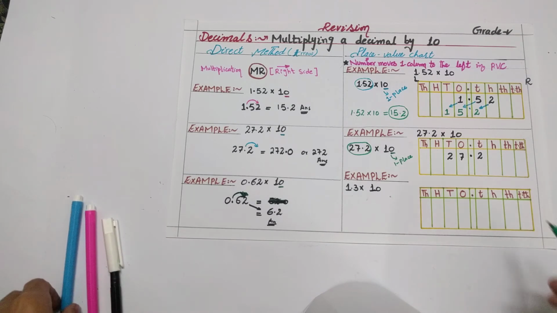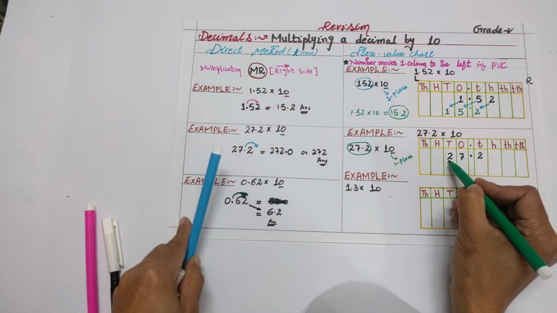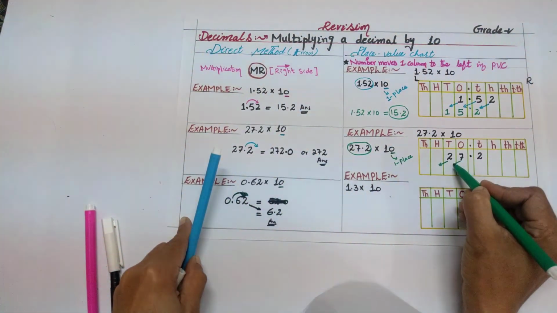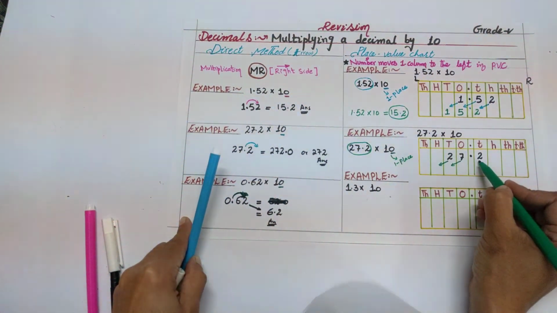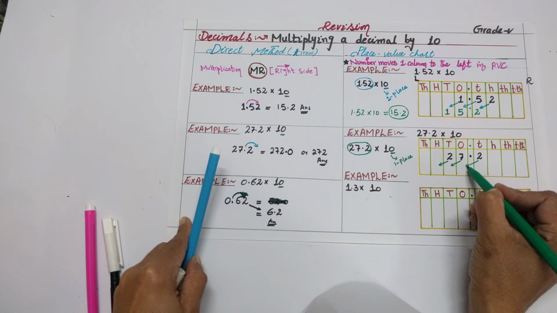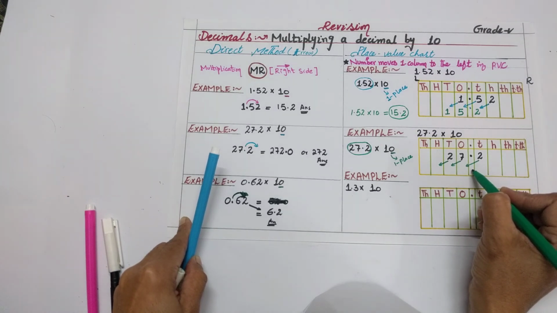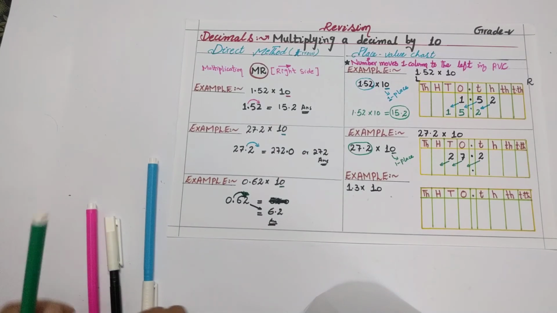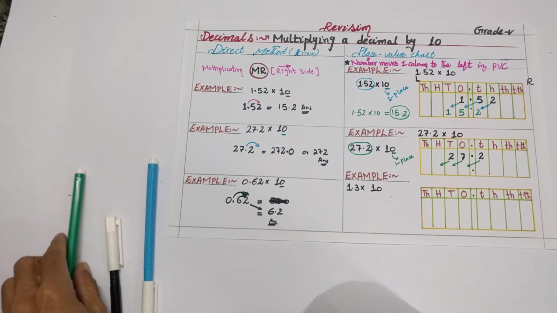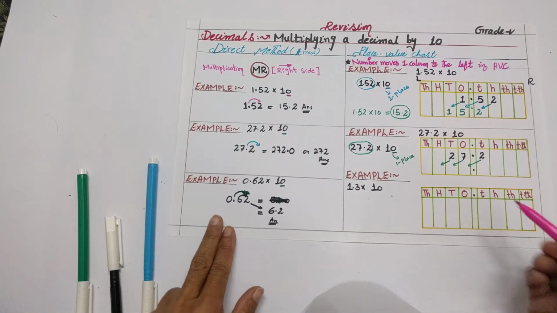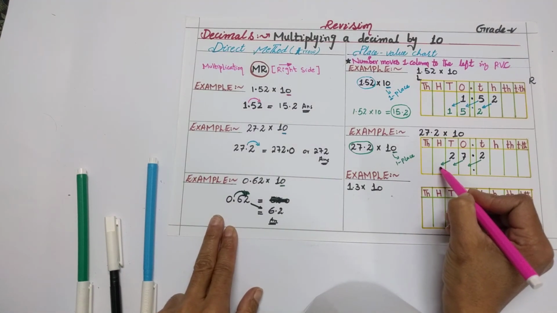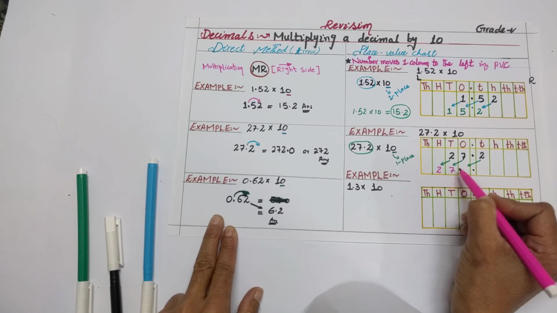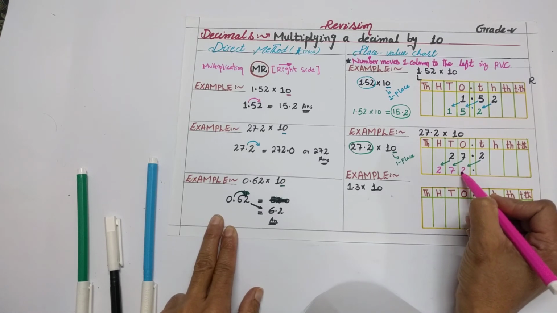Now this 2 will move one column to the left, 7 will move one column to the left, 2 will move one column to the left, and the decimal will be at the same place. So after the movement of these numbers, let's see what the new places are. 2 moves to the hundreds place, 7 moves to the tens place, 2 moves to the ones place.